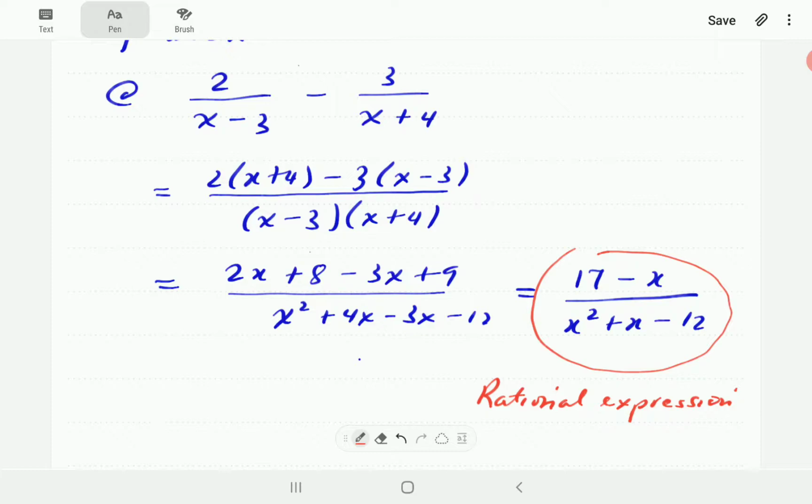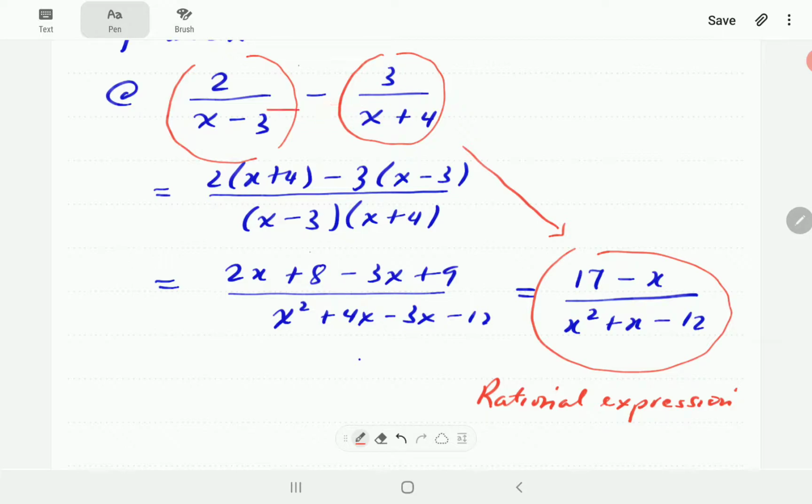Now these two fractions here, somewhat simpler fractions, if you like, this is like a compound fraction. Here these ones are much simpler fractions with linear denominators. The denominator here is quadratic.